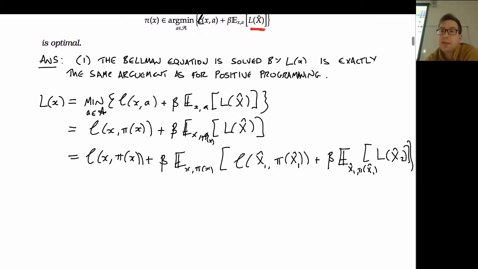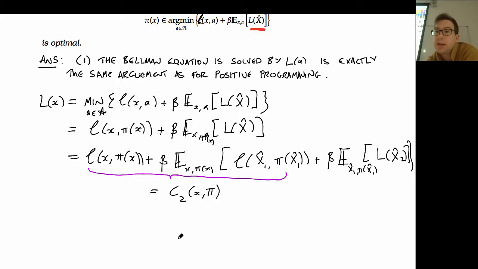So notice that this guy here, again, is really just equal to the cost over 2 steps from x of the stationary policy pi. Okay? So a little bit like before, right?